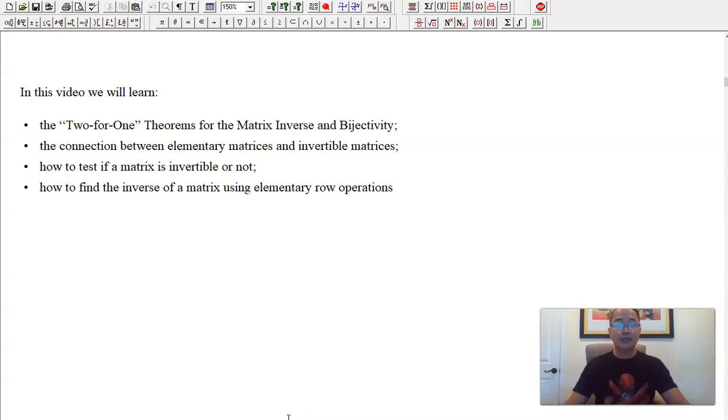We will see the connection between elementary matrices and invertible matrices, and we will see how to test if a matrix is invertible or not, and incorporate that test into the algorithm that we will learn that will find the inverse of a matrix for us using, surprise, elementary row operations. So it's going to be a lot like solving a system of linear equations, as we are going to see very soon.